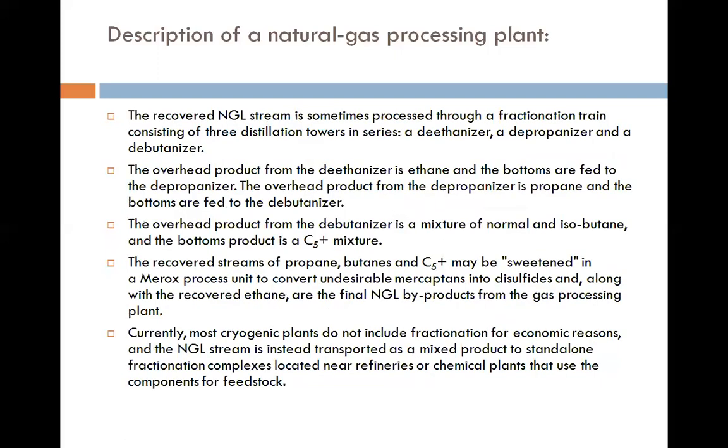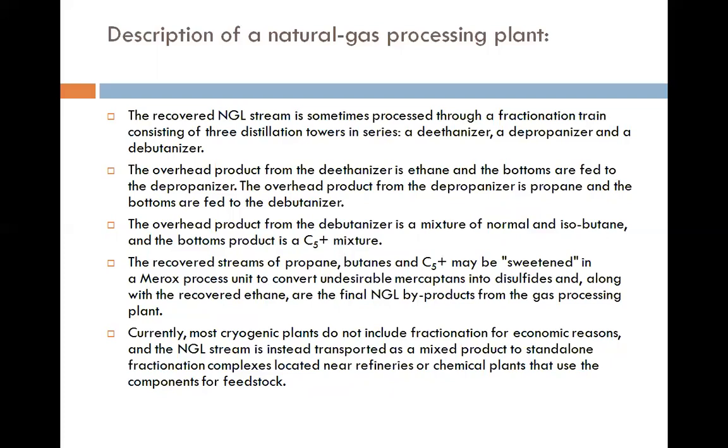The natural gas liquids are separated in three distillation towers: deethanizer, depropanizer, and debutanizer. In the deethanizer, ethane is removed overhead, and the propane and butane are fed down to the depropanizer. In the depropanizer, propane is removed and the bottoms are fed to the debutanizer.